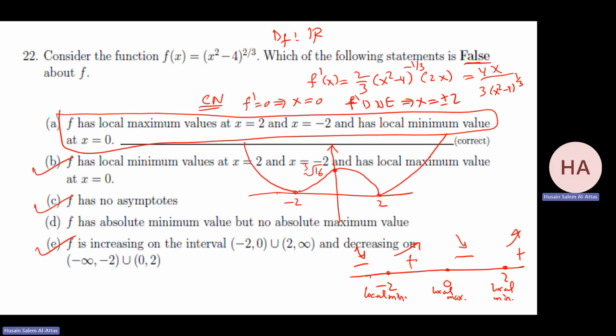So very clear. I have an absolute minimum, but no absolute maximum. So this is correct. So the only wrong statement is A.